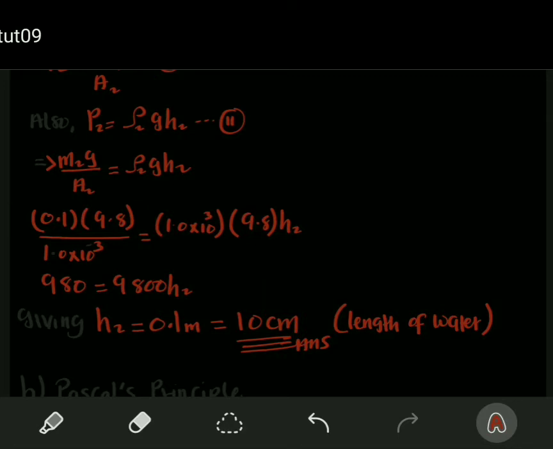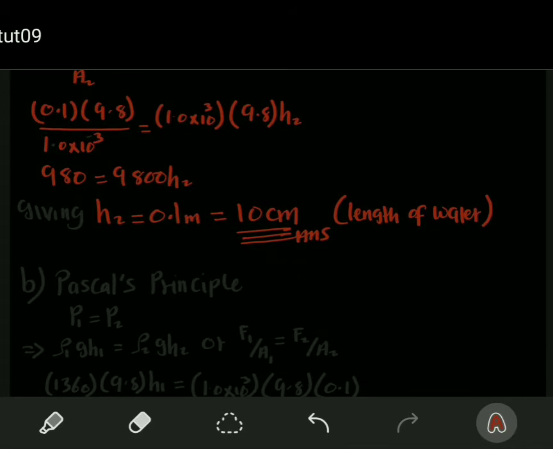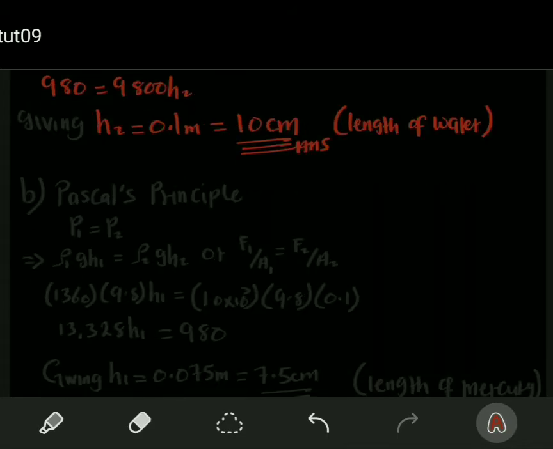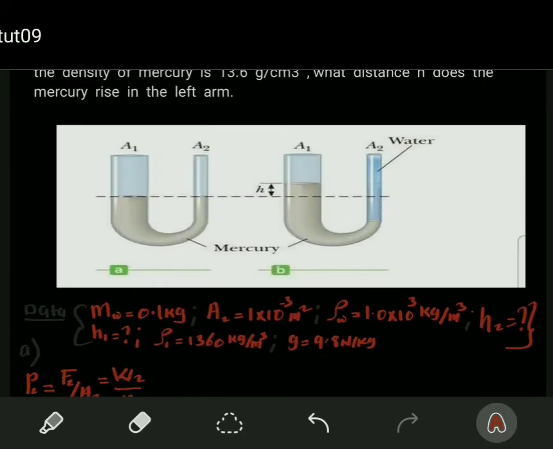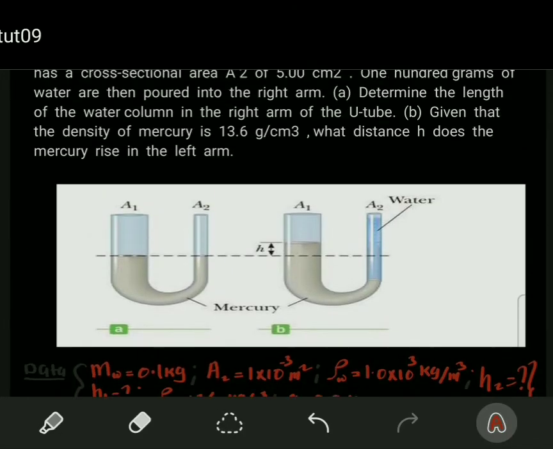Okay, so now that we have obtained the height, or rather the length of this water, let us come back and obtain the length of this mercury here. Because the fluids are in equilibrium, as you can see from the diagram, you add your water on the right column.